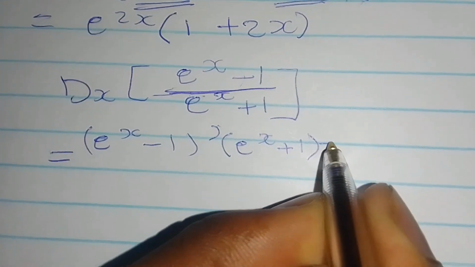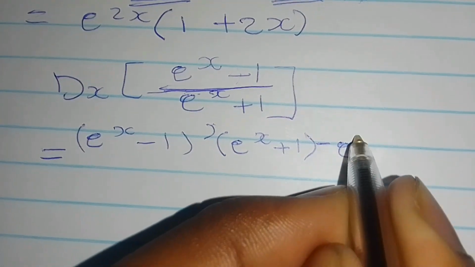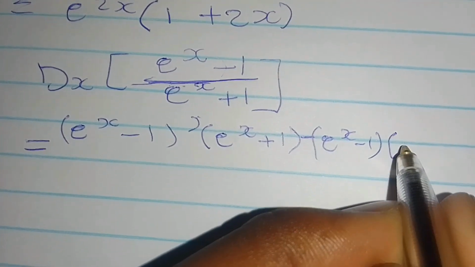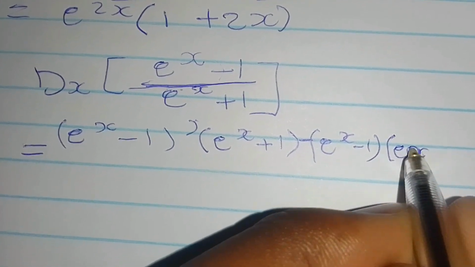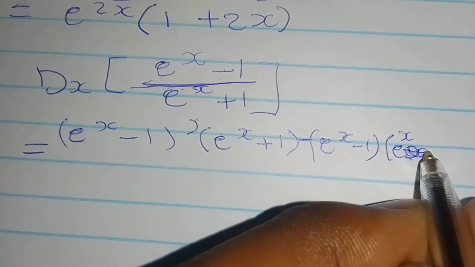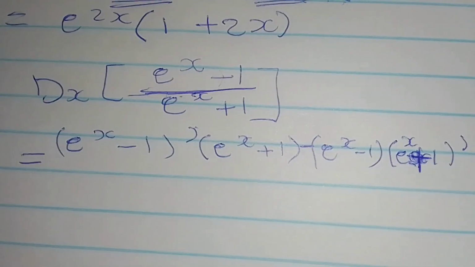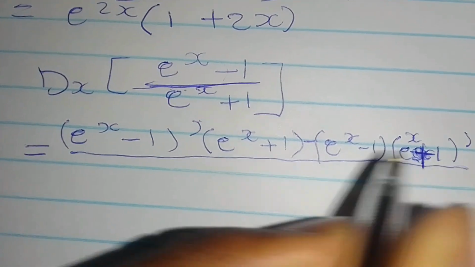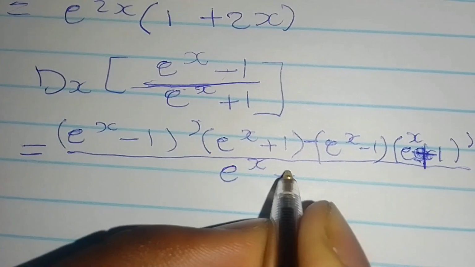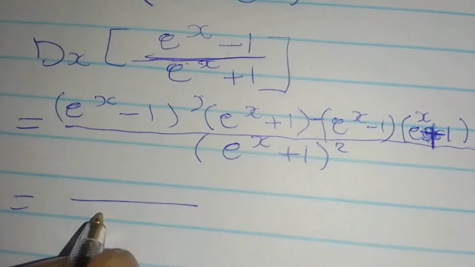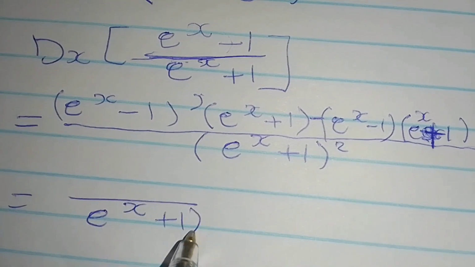And then I'm going to subtract e to the power of x minus 1 multiplied by the derivative of e to the power of x plus 1. I have to derivate that. Then I'm going to divide by e to the power of x plus 1 squared. So in a sense, I'm going to have e to the power of x plus 1 squared.